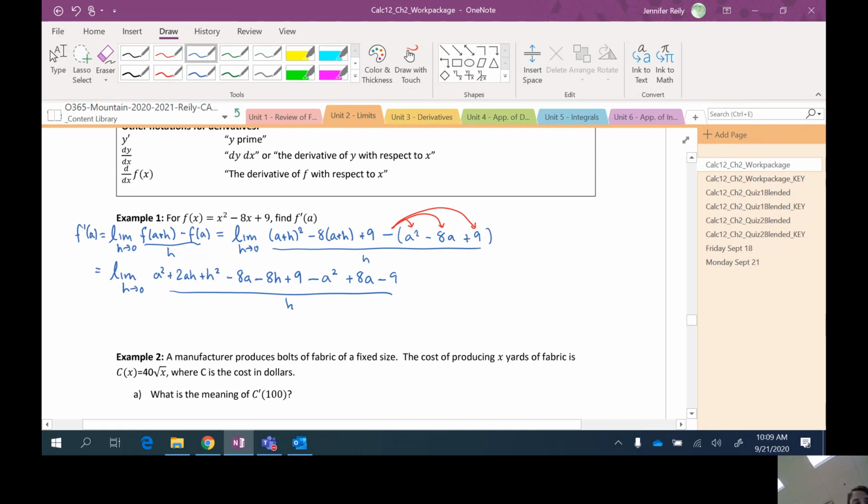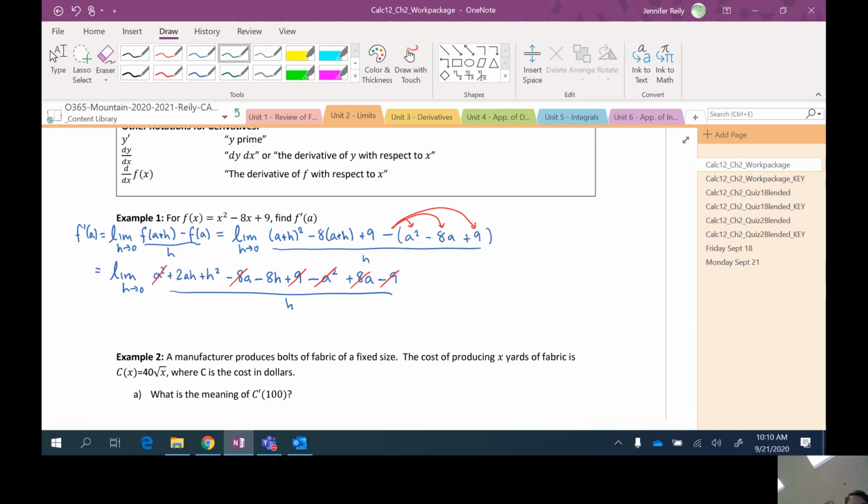Okay, and there's lots of cancellations that happen. So let's just go and look at like terms first. There's an a squared and a negative a squared. Those cancel out. There is a negative 8a and a positive 8a. Those cancel out. There's a 9 and a negative 9. Those cancel out as well. So once we've made all those cancellations, we can see that every term that's left has an h in it.